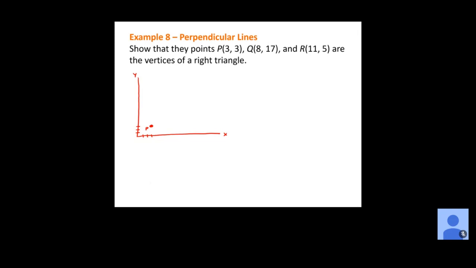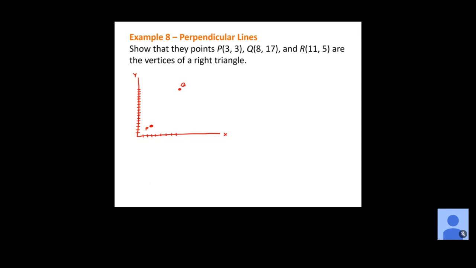So I've got to go all the way over to 8: 4, 5, 6, 7, 8. And then I go all the way up to 17, counting 1 through 17. And so I'm coming up here. I'm going to have a point right up here now, and that's my point Q.